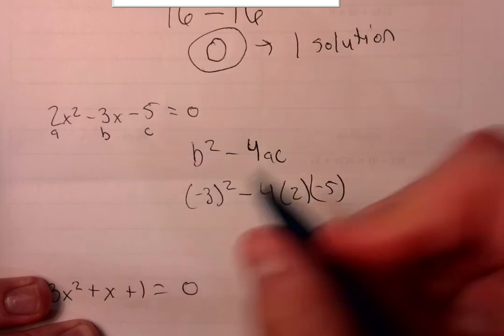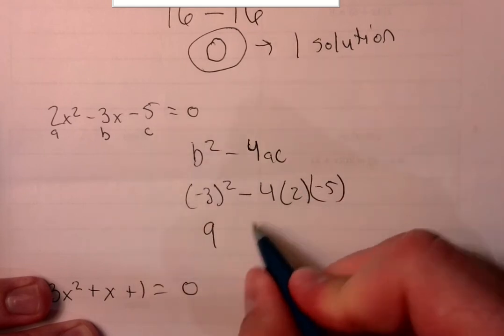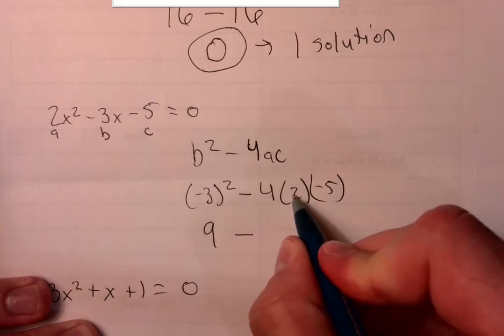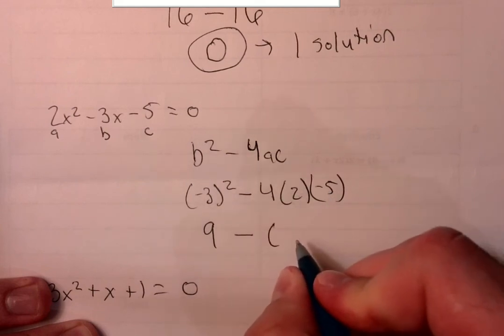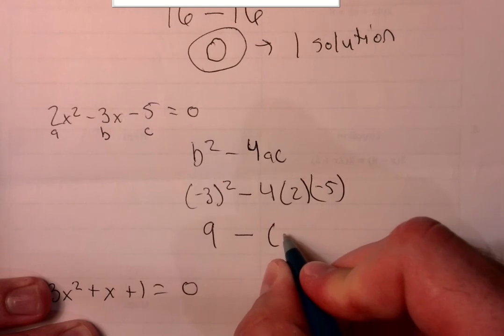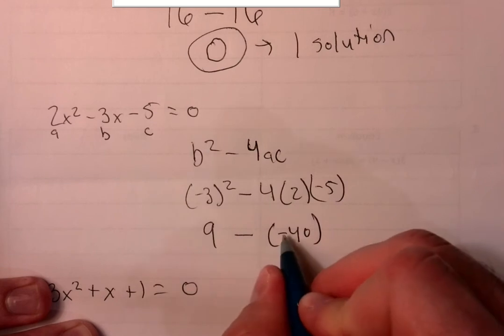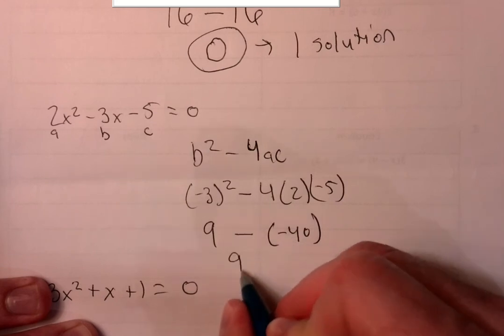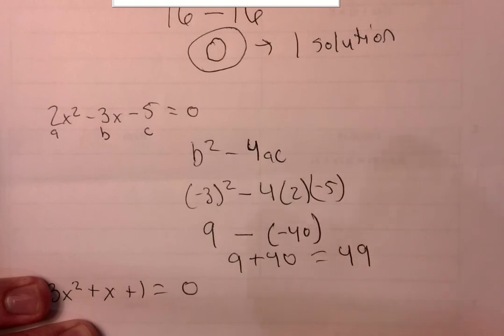Alright, -3 squared is 9, because remember -3 times -3 is 9. And then we have minus 4 times 2 is 8, times -5 is, oh man, can't do my math here, 40, or -40. Now if I'm subtracting a negative, that's really 9 plus 40, which is 49.